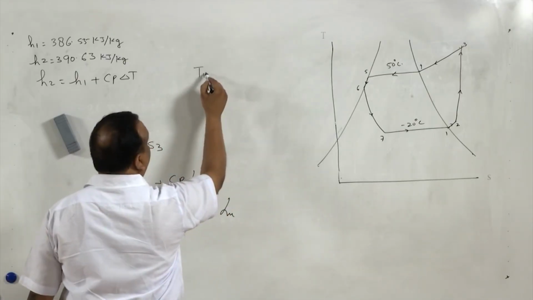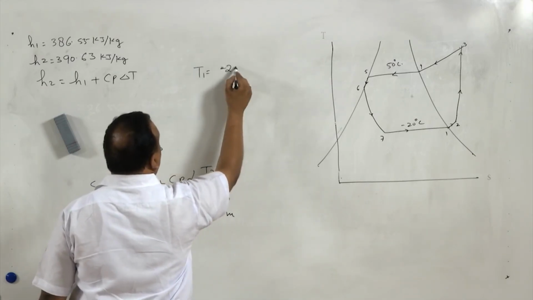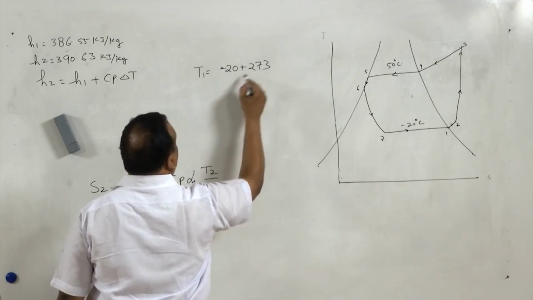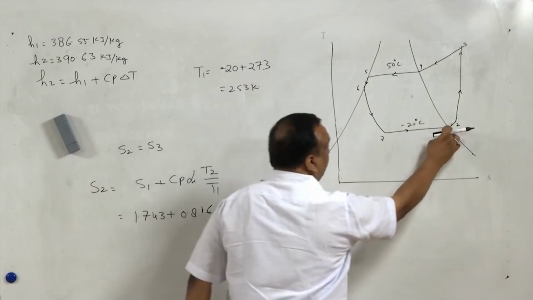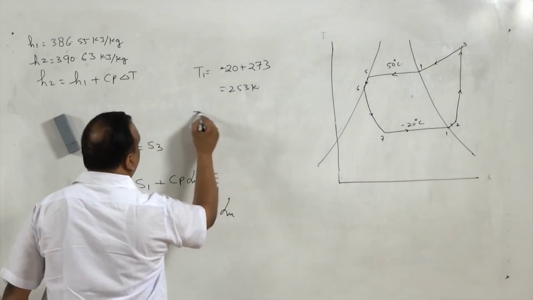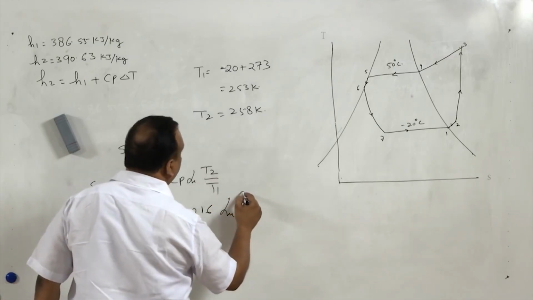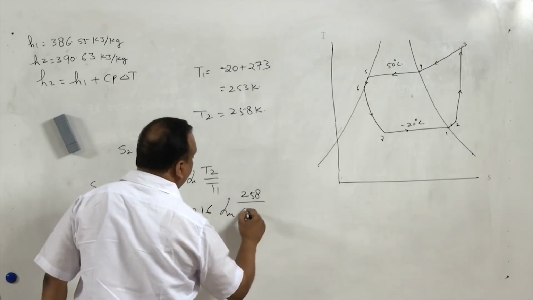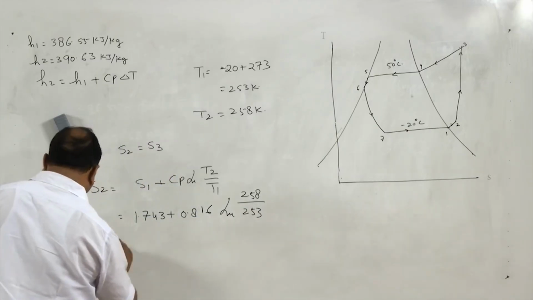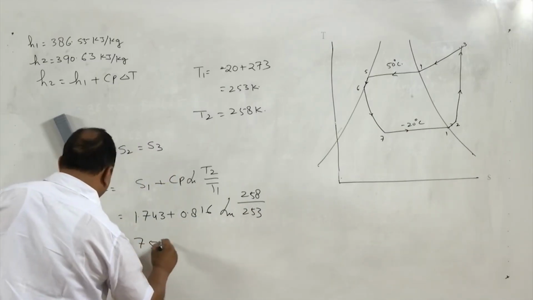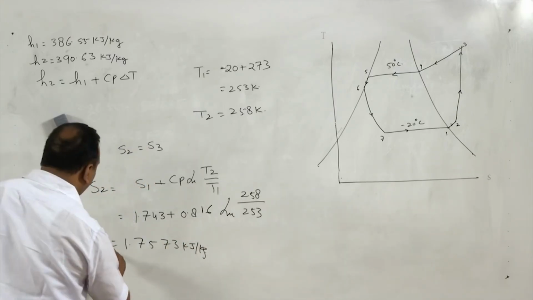Now, T1 is equal to minus 20 plus 273, that is 253 Kelvin. It is superheated here by 5 degree centigrade. So, T2 is 258 Kelvin. Now, we will be putting here 258 by 253, and this will give us S2 as 1.7573 kilojoules per kg. That is the value of entropy at 2.